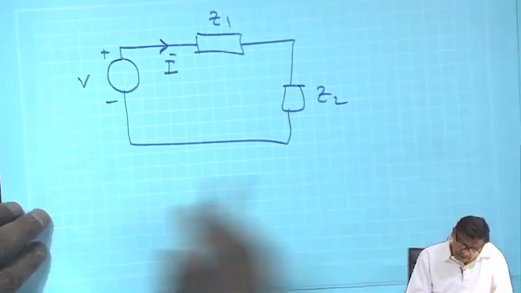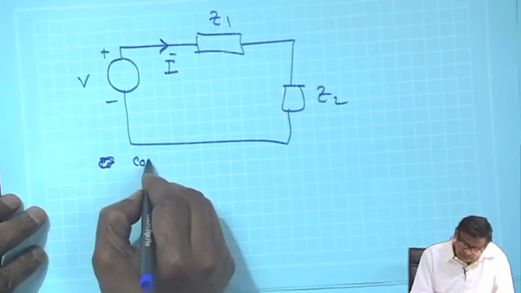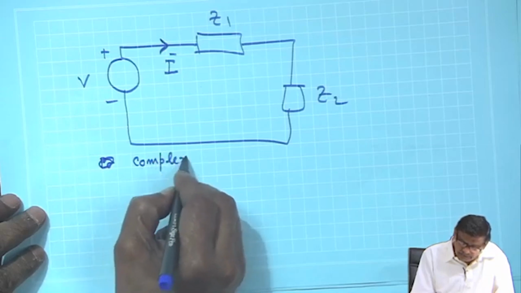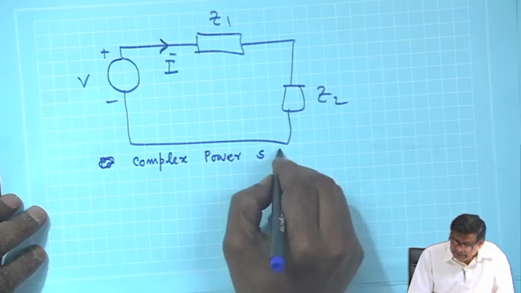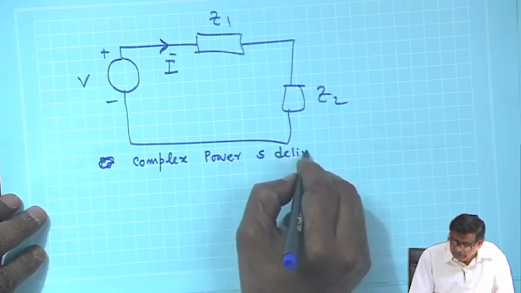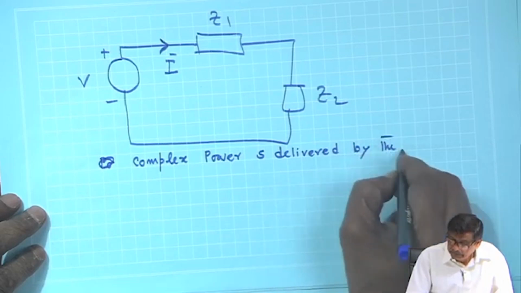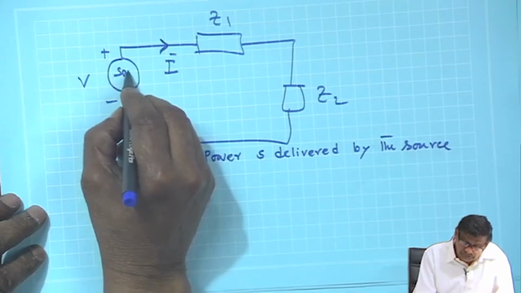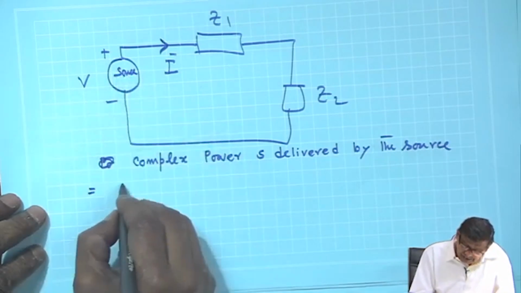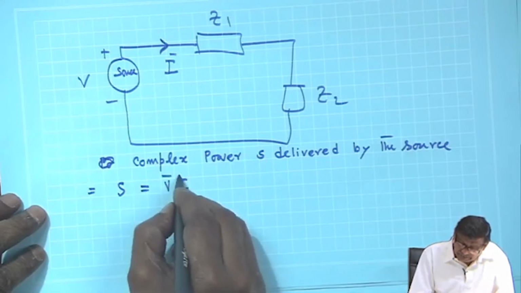Then I will write that power, I mean complex power S delivered by the source, as S equals V I star.